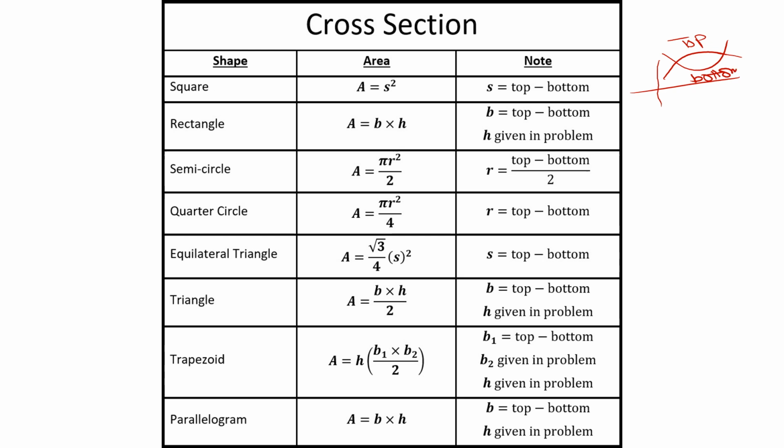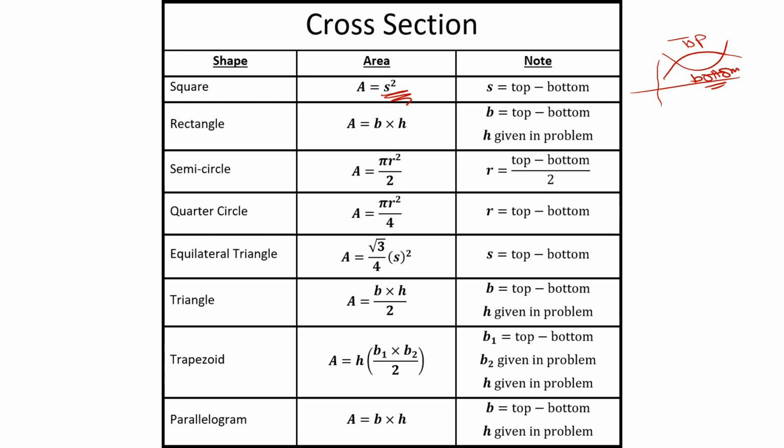Wherever they are perpendicular to the x-axis, you will use the formula top minus bottom. And since S is the square, you will take it as top minus bottom whole square.